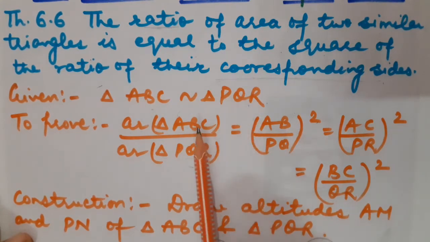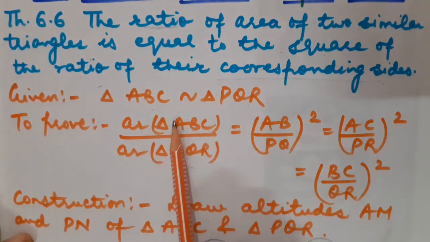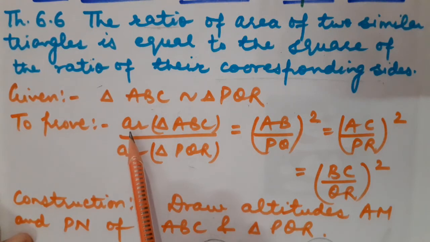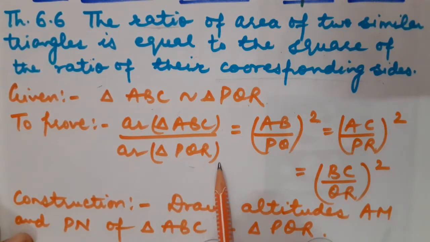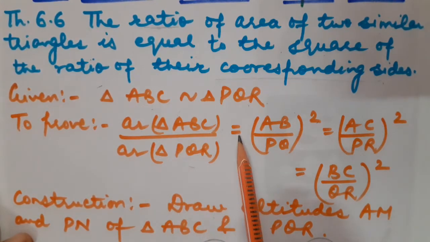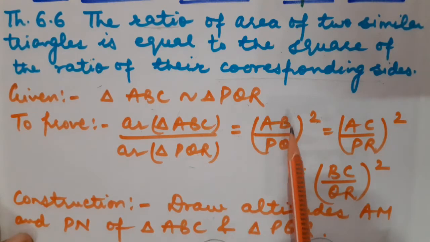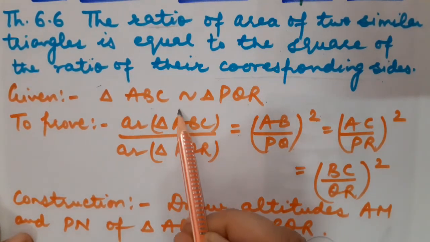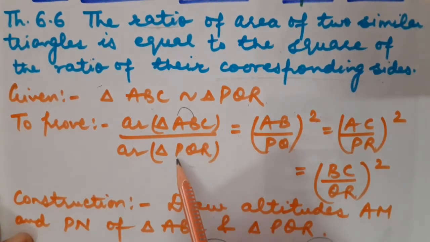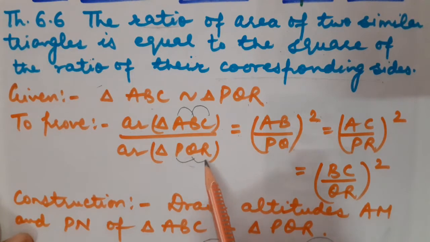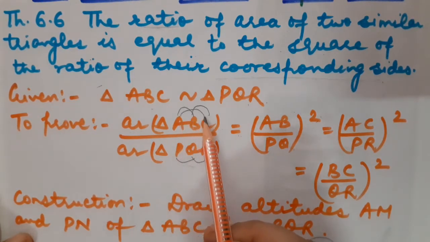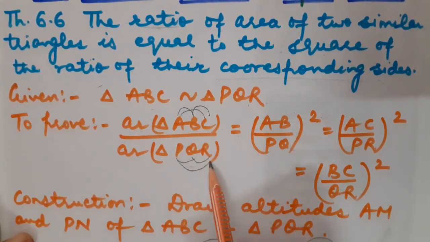We proved that the ratio of the area of two similar triangles, that is area of triangle ABC upon area of triangle PQR, must be equal to the square of the ratio of their corresponding sides. Children, you know that AB corresponds with PQ, BC has the corresponding relation with QR, and AC has the corresponding relation with PR.